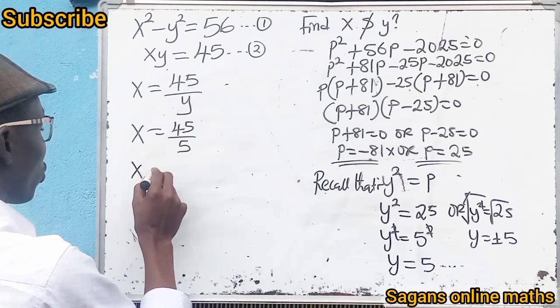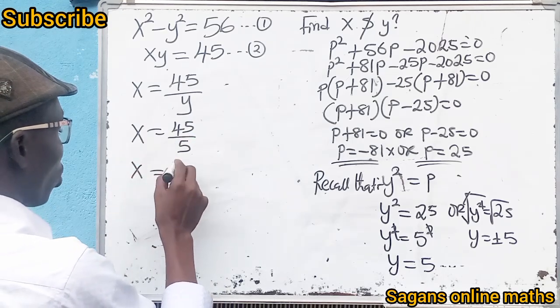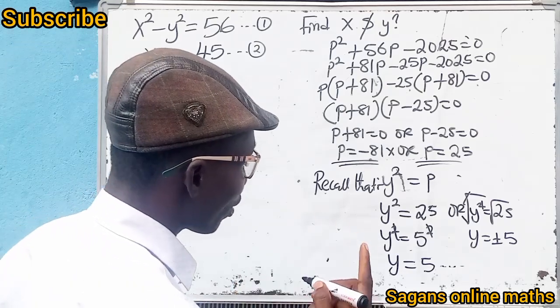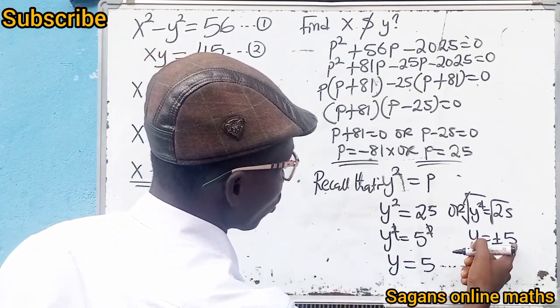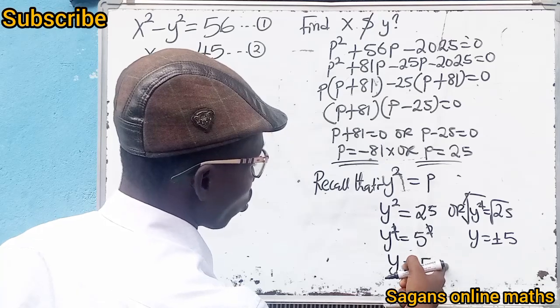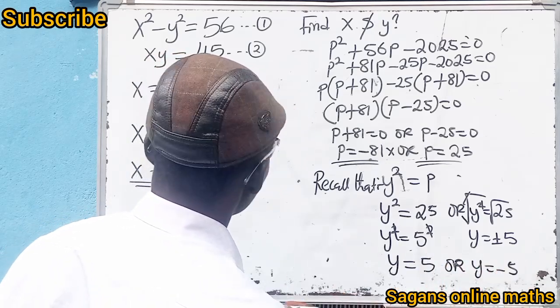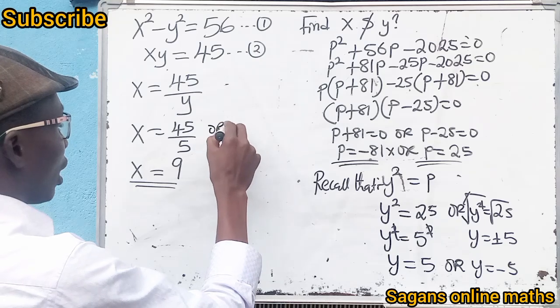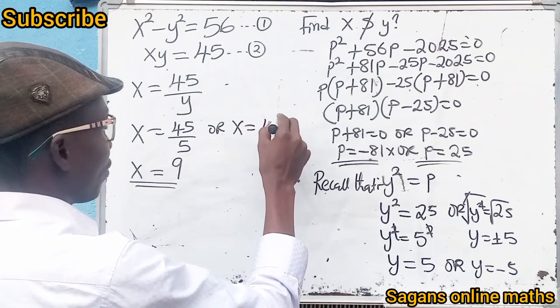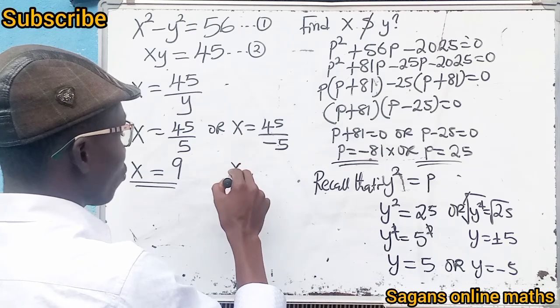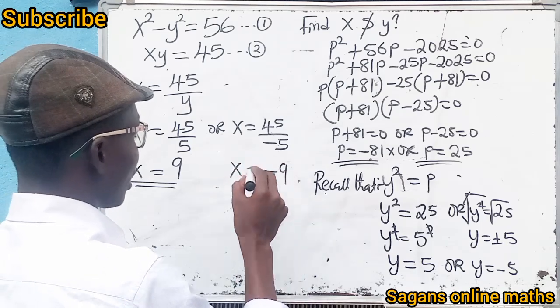That means s will be equal to 9. This is the value of x. Now we can also have the second value of s. If y is equal to plus or minus 5, we already used the positive sign. So for y equal to minus 5, s will be equal to 45 divided by minus 5. That means s will be equal to minus 9.